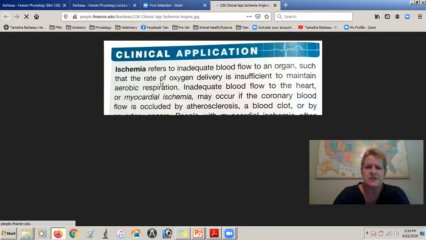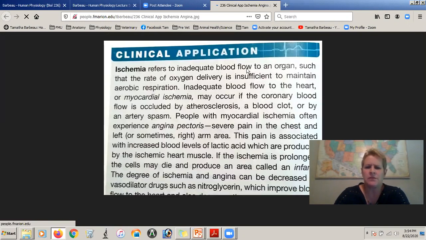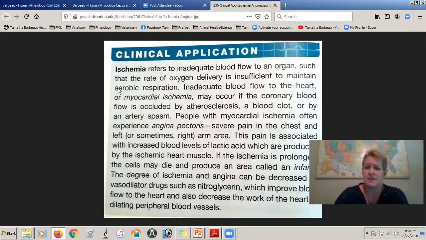Ischemia refers to inadequate blood flow to an organ, such that the rate of oxygen delivery is not enough to maintain aerobic respiration. Most of our metabolically active tissues need so much oxygen. If you deprive them of it, sure, they can resort to anaerobic respiration, but they can't keep that up without dying.